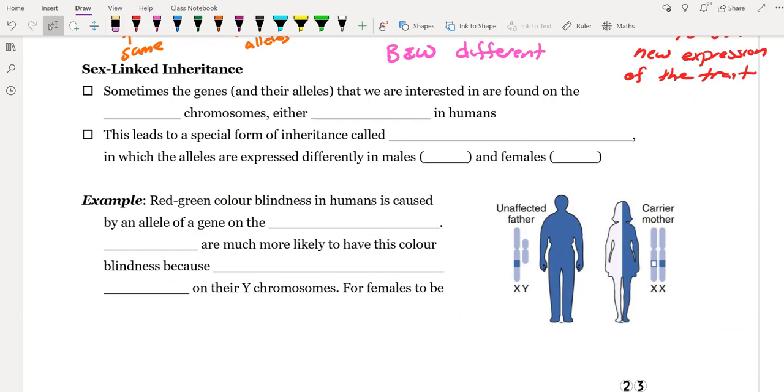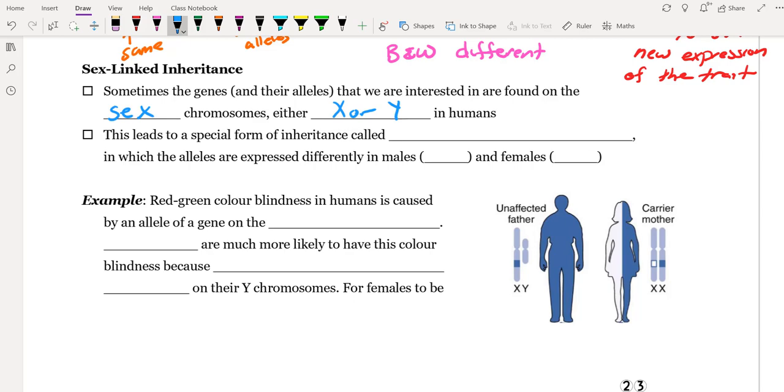Now, sometimes the genes and their alleles that we're interested in are found on the sex chromosomes, either X or Y in humans.